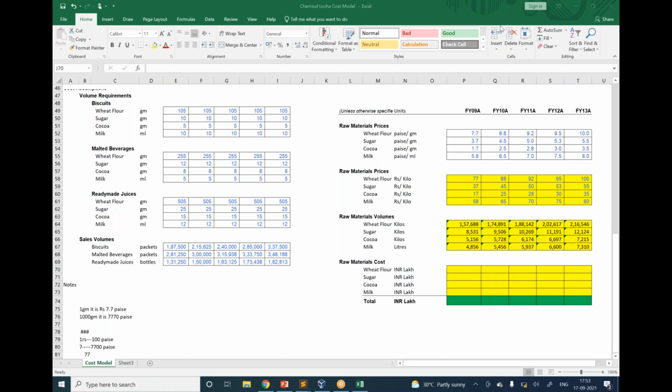Can you solve the raw material cost and just tell me 2013 how much value you got? Total revenue, how much you got for the year 2013? Just let me know.